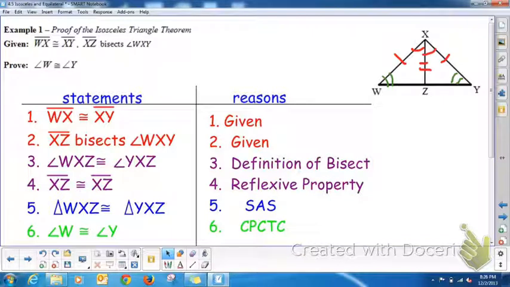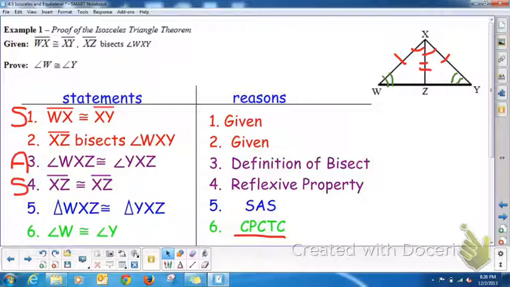We knew side WX was congruent to side XY. We knew that segment XZ bisected angle WXY. That meant that these two angles were congruent. And then we know this side XZ is congruent to itself by reflexive property. Side, angle, side. So these two triangles are congruent, and therefore using corresponding parts of congruent triangles are congruent, we can prove that angle W is congruent to angle Y.